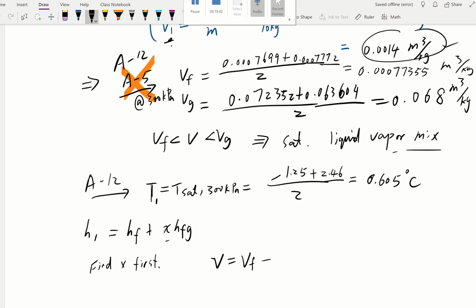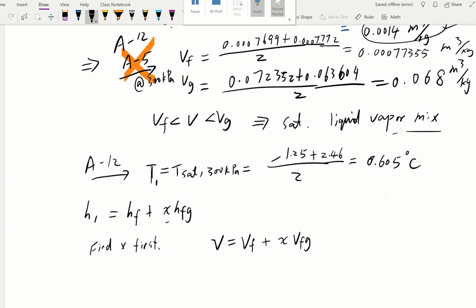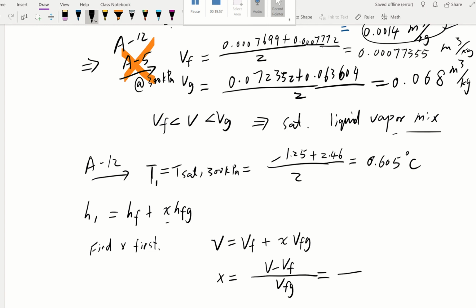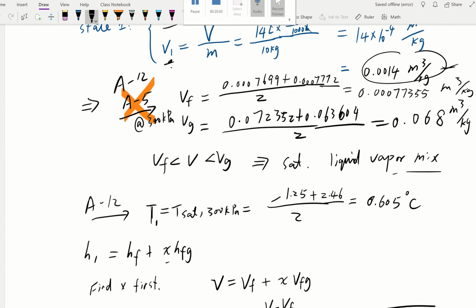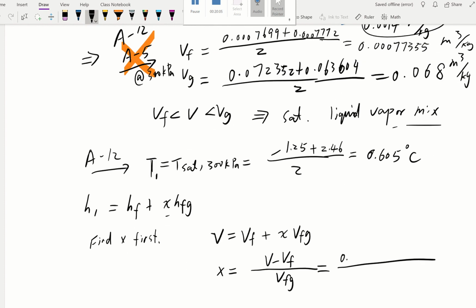So v is equal to vf plus x vfg. This is for a mixture only, right? And this is indeed a mixture. So in the future, you're just going to write down x equal to v minus vf divided by vfg. In that situation, your volume is 0.0015.